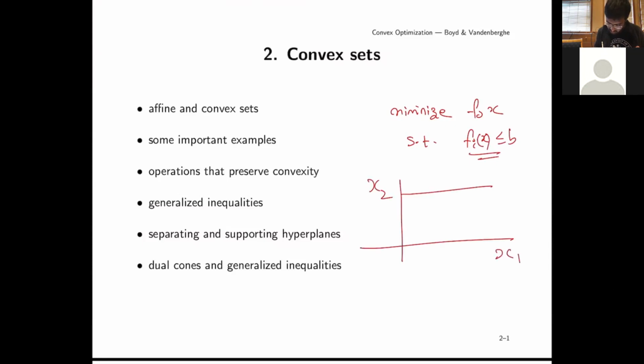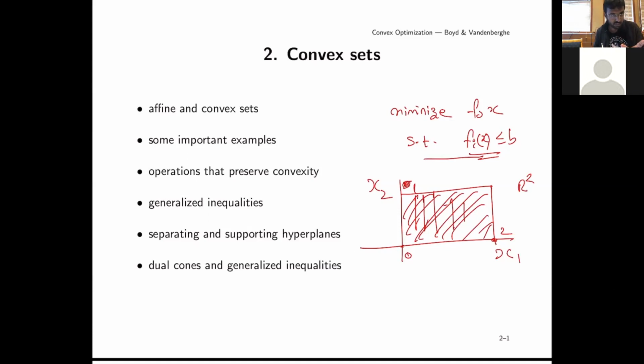The constraint set could be something like x1 should be less than 2, x2 should be less than 5, and both should be greater than 0. So you cannot run the algorithm all over the R2 space, but you have to be in this kind of set. Now this forms a set. Through this constraint, we are feeding a constraint set to the solver, right?